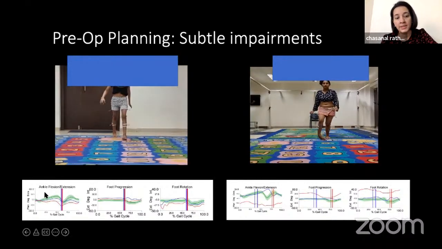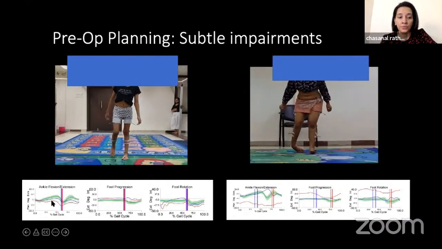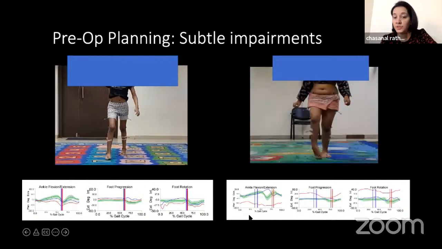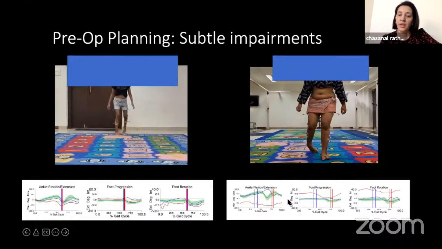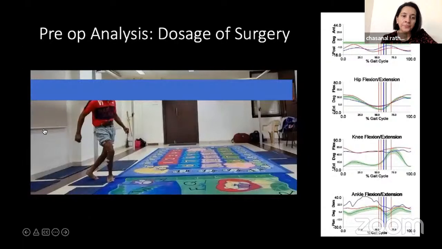So we know that there is an equinus already and a weakness. So probably there needs to be strengthening or a hinge or whatever needs to be given. Here, of course, we need a surgical intervention. So that's how this is going to help us understand and pick up the subtle problems as well.